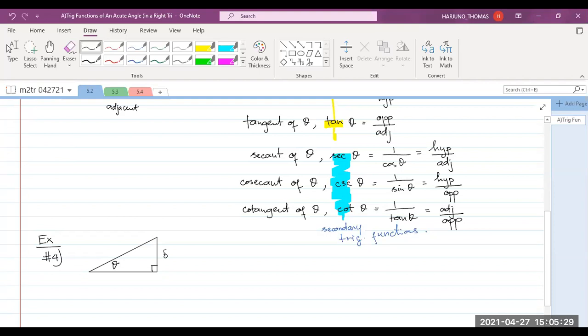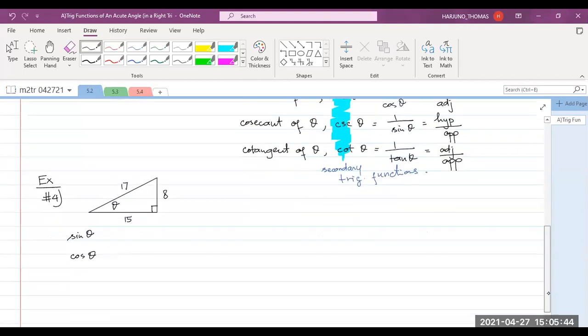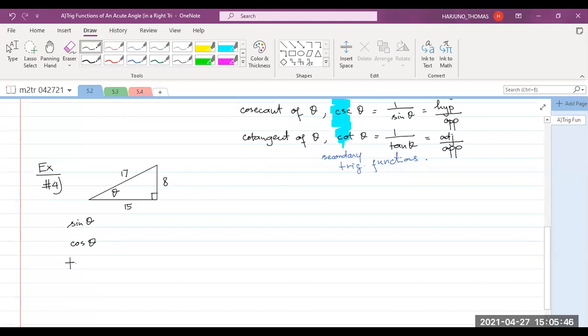The opposite is 8, adjacent is 15, and hypotenuse is 17. So what is sine theta? How about cosine theta? How about tangent theta? How about secant theta? Cosecant theta and cotangent theta.